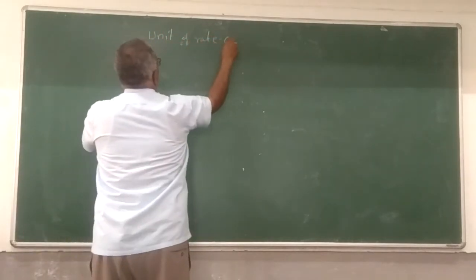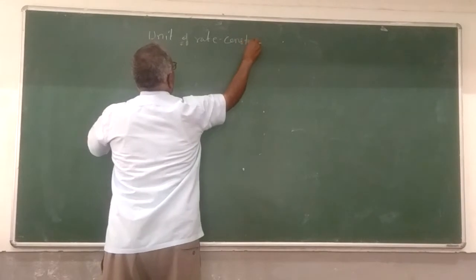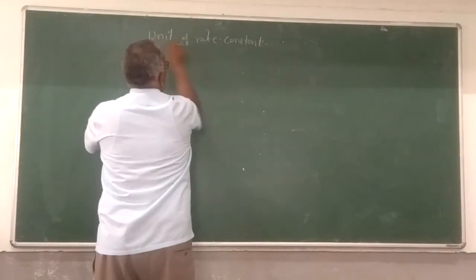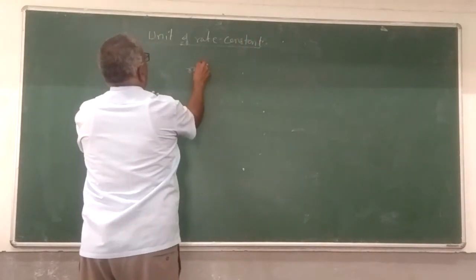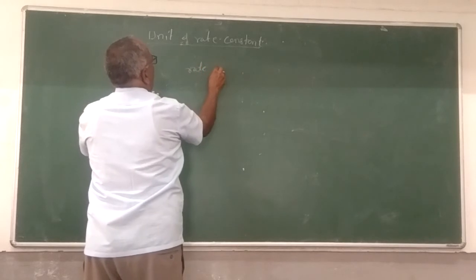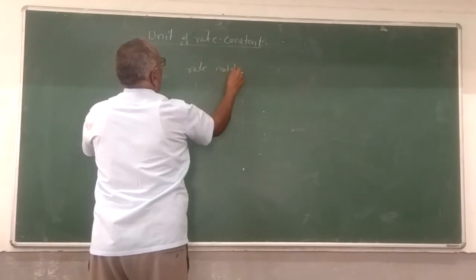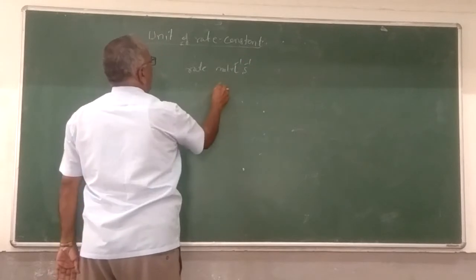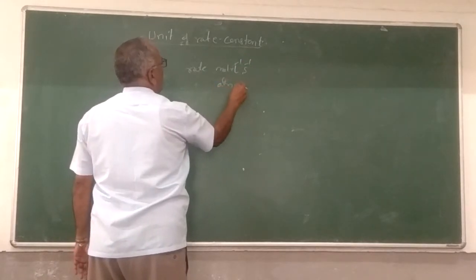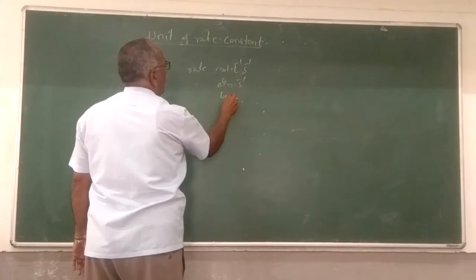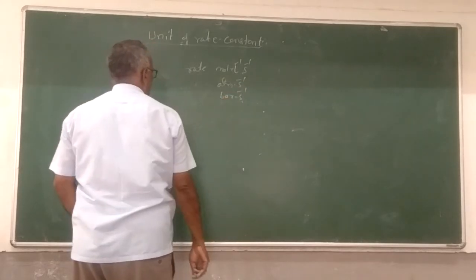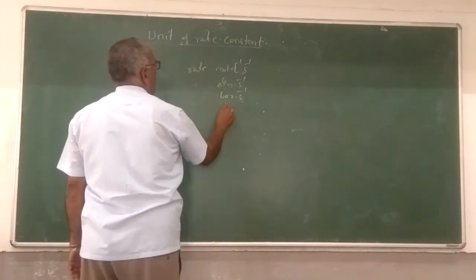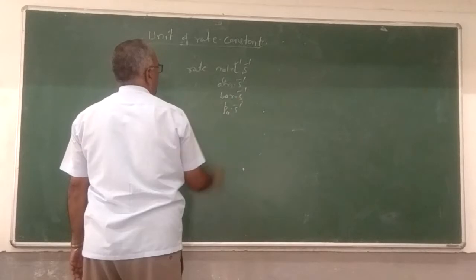Unit of rate constant. You know that the unit of rate may be expressed in mole per liter per second, or atm per second, or bar per second, or Pascal per second.